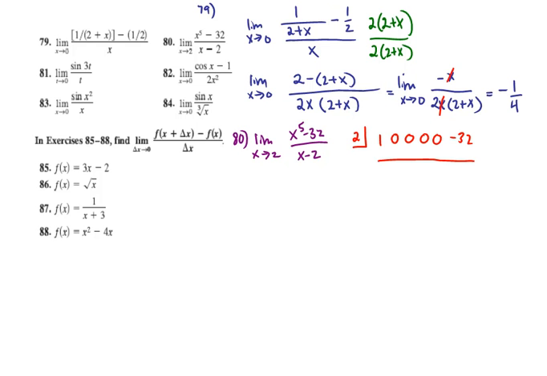We bring down the 1, times that 1 by 2, add the second column, multiply by 2, add the third column, multiply by 2, add the fourth column, multiply by 2, add the fifth column, multiply by 2, and finally we get a remainder of 0.